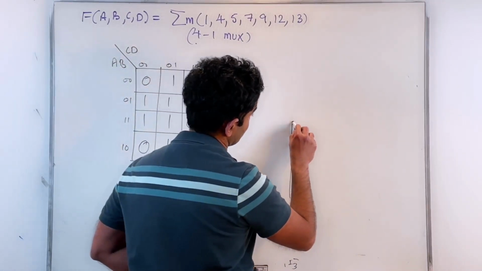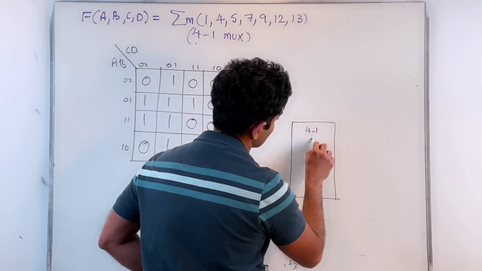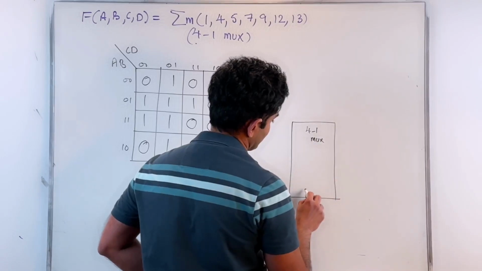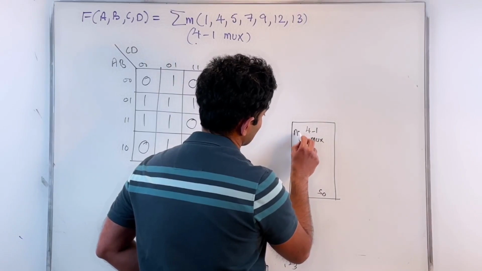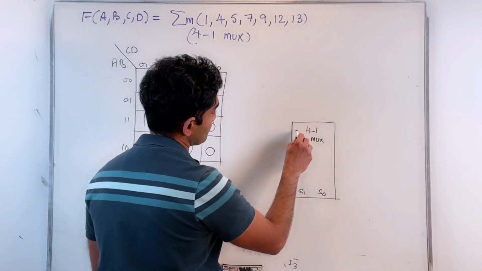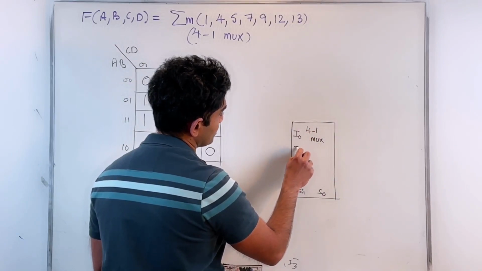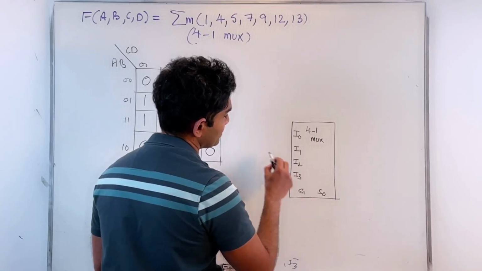So that's a 4 to 1 mux, and I have S1, S0. Those are the select inputs, and the data inputs of the multiplexer are I0, I1, I2, I3.